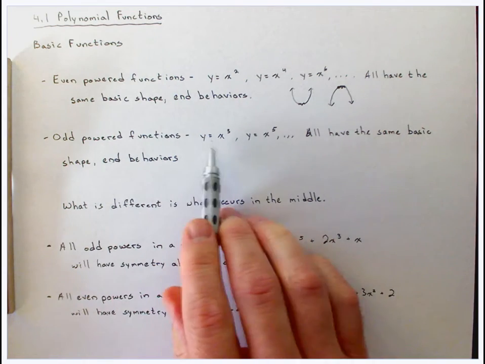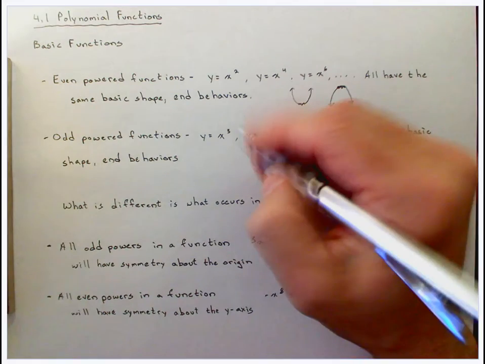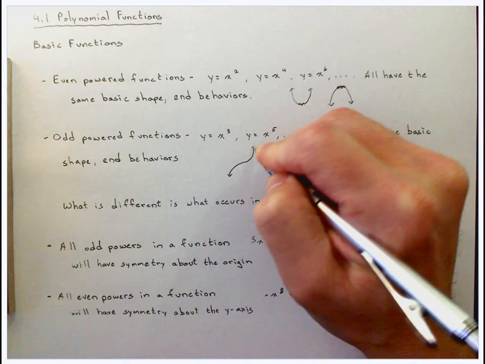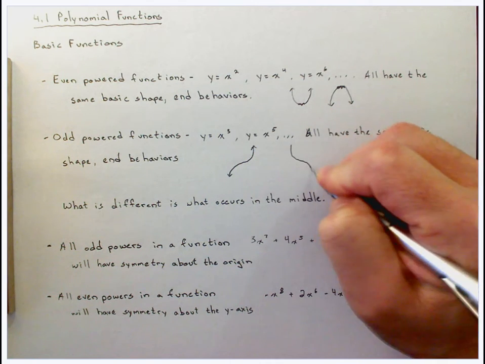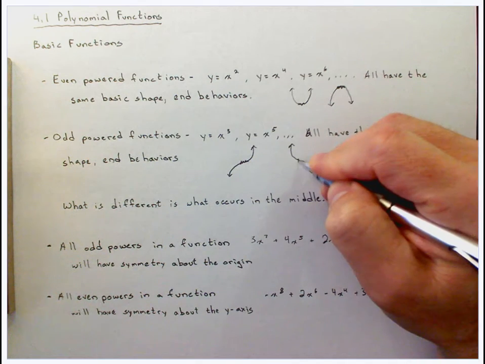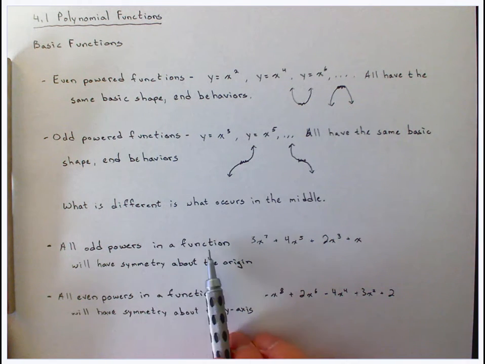Odd powered functions all have the same basic shape and end behavior. Something like this. Again, in the middle can be different. All odd powers in a function.